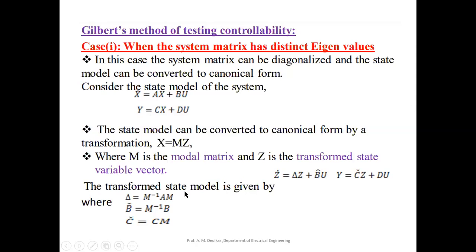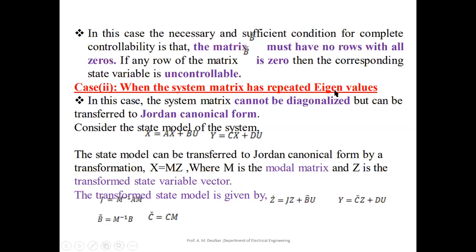But when the system has repeated eigenvalues, the system matrix cannot be diagonalized, but can be transformed to the Jordan canonical form. So consider the original system as x dot is equal to Ax plus Bu and y is equal to Cx plus Du.